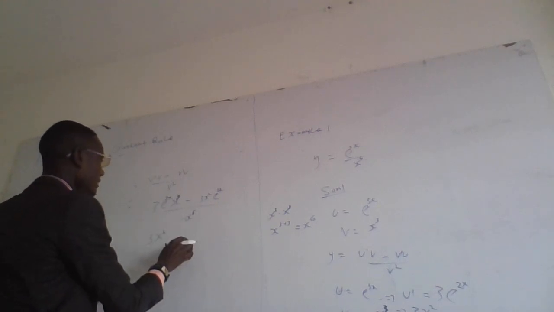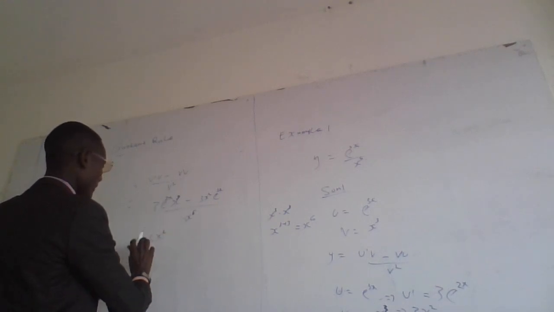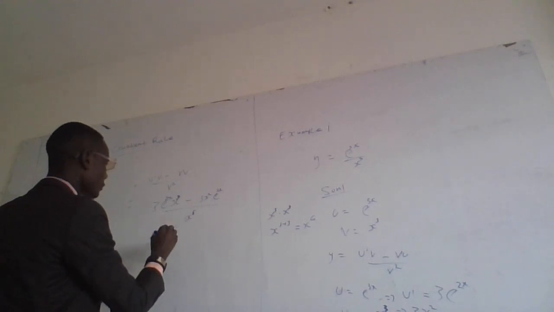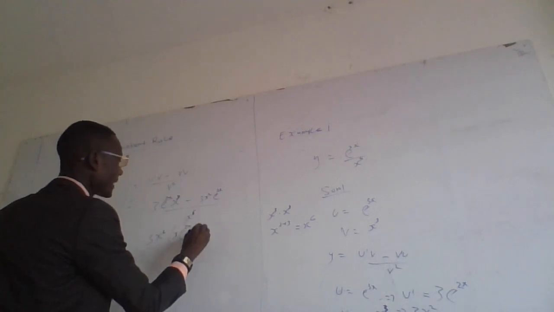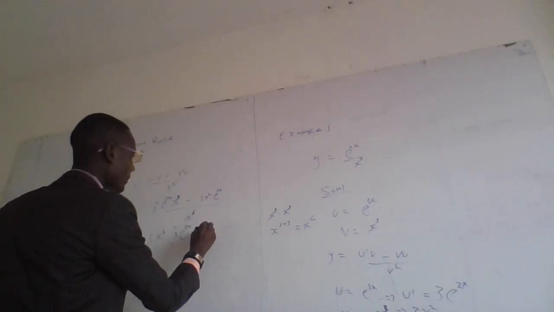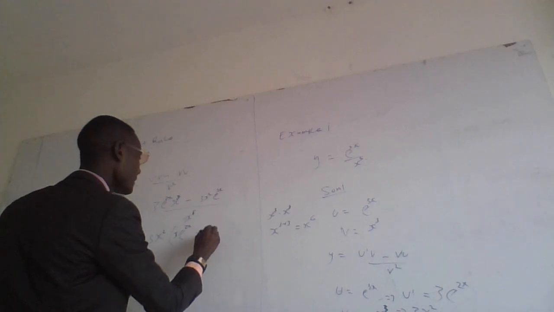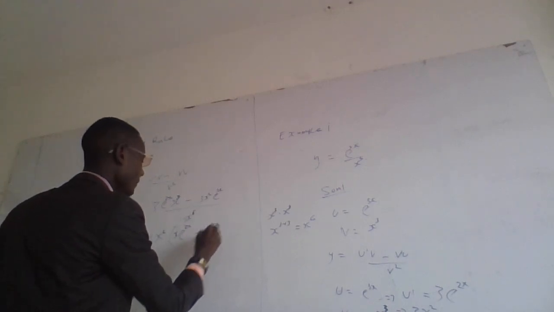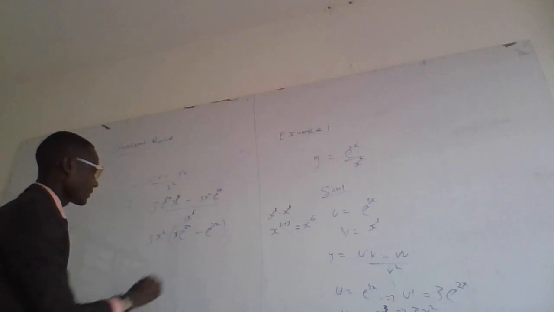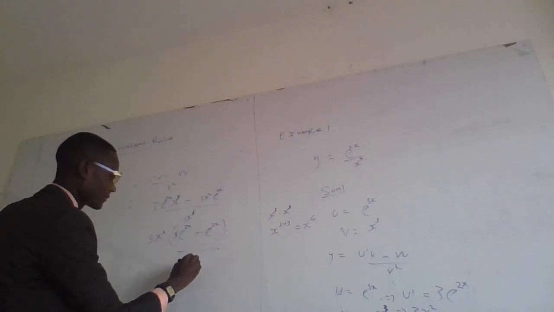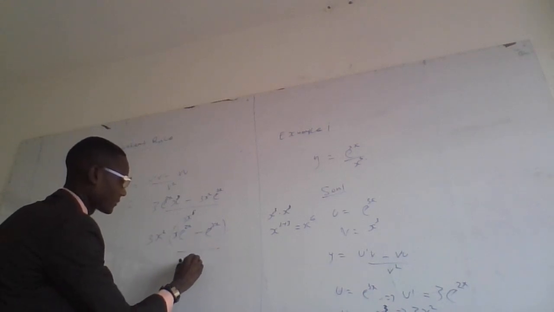So it means that we are going to have 3x power 2 into exponential into x, exponential 2x minus e power 3x, we have something of this kind, over our x raised to 6.